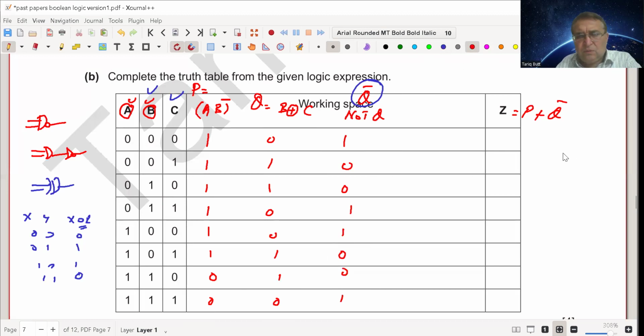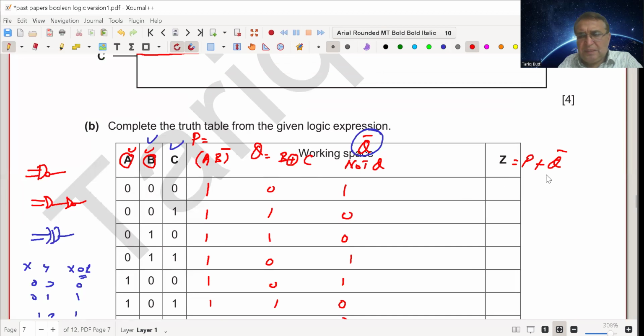And finally, what is Z? That is P or Q prime. P, which is this column, and Q prime, which is this particular column. P or Q prime, that is Z. So you have to OR them. The output of OR is 0 only when both of its inputs are zeros.